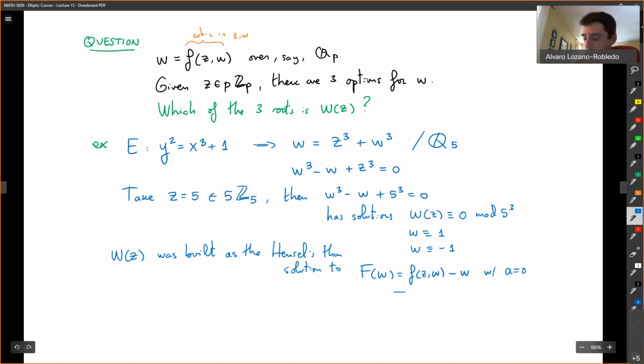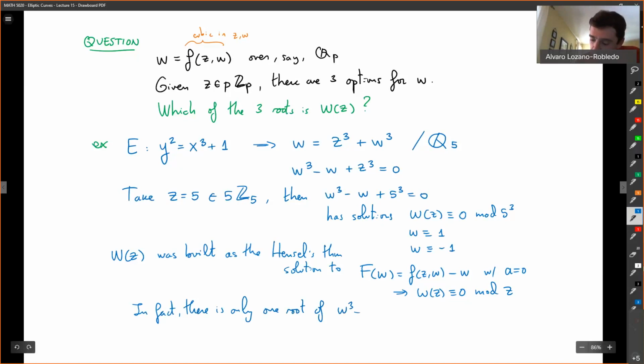And in particular, it told me that it was one with W(Z) equals 0 modulo Z. Okay, and in fact, there is only one root of W cubed minus W plus 5 cubed equals 0 which is congruent to 0 modulo Z, modulo 5, and that's the one that we want.